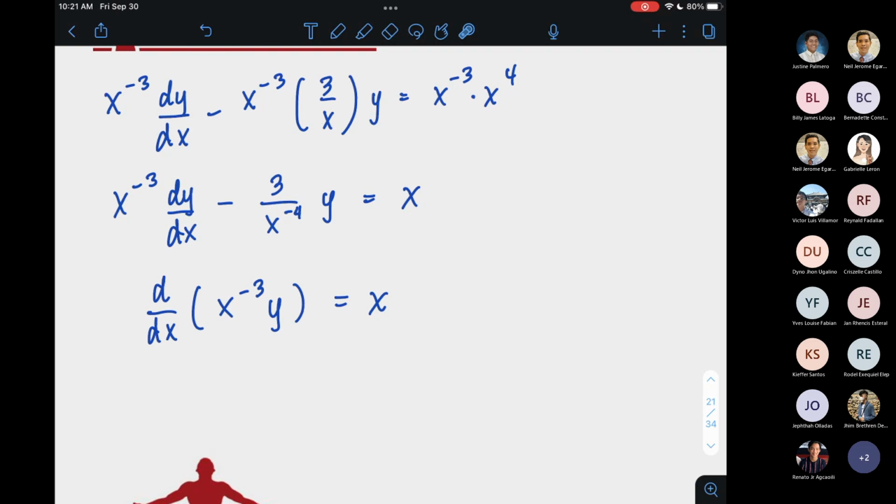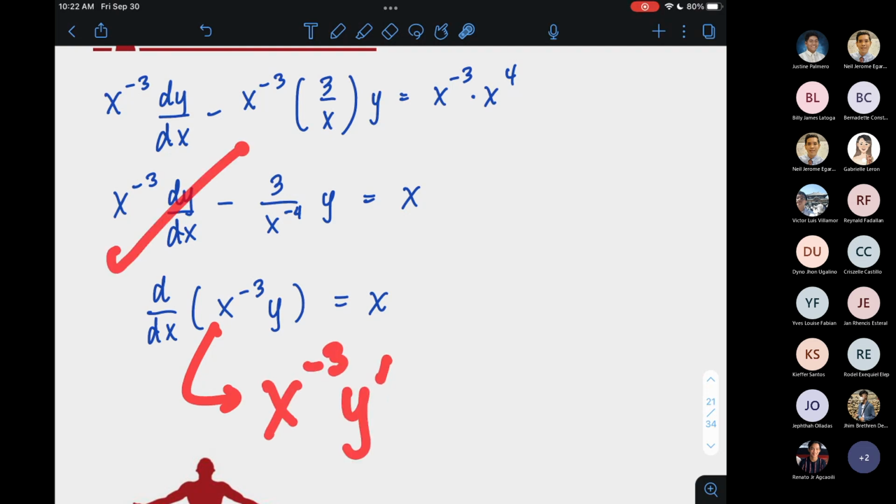Our goal is to find the integrating factor so that the whole left-hand side will be the derivative that is born out of the product rule, right? So you can double check whether your integrating factor is correct by expanding this derivative using the product rule, and hopefully you will come up with the left-hand side. So if I use the product rule here, I'll have x to the minus 3 times y prime, which is basically this, plus, it should be 3, x to the 4th in the denominator.